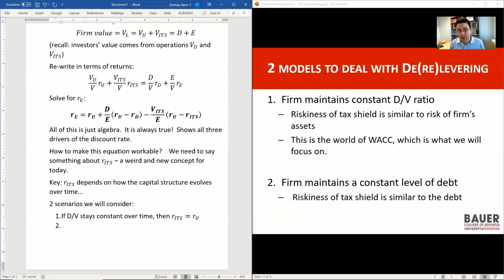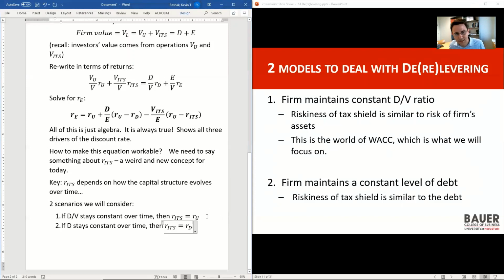But I also want to bring up the fact that it depends, right? It depends on what's going on to the capital structure. So suppose you just keep a constant level of debt. Instead of keeping the ratio of debt to firm value constant, now you keep the level of debt constant. Well, then how risky is the tax shield? It doesn't change with the assets anymore.